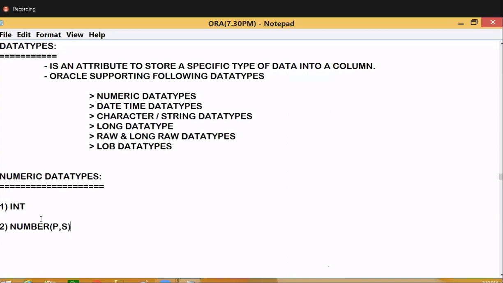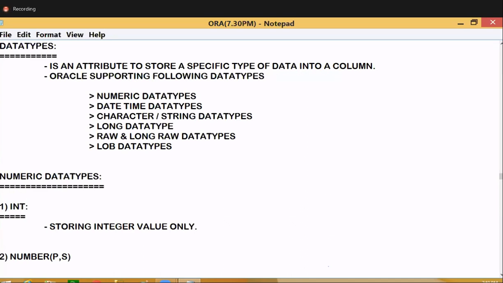Integer data type is simple: it stores integer format values only.